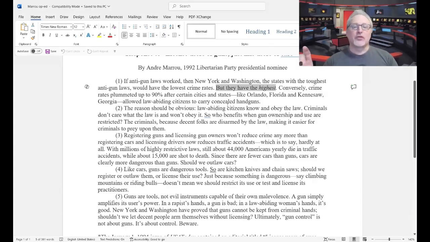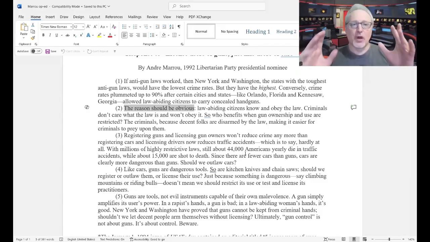Then he starts the next paragraph saying, the reason should be obvious. This suggests that the first and second paragraphs are linked according to a relationship of inference. Like the first paragraph, if it contains a subordinate argument, which we think it does, is in support of something in the second paragraph.